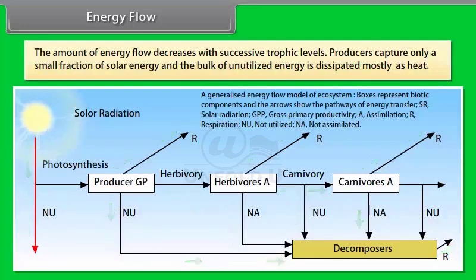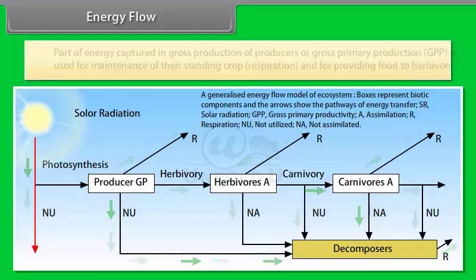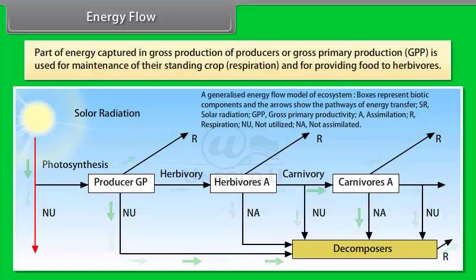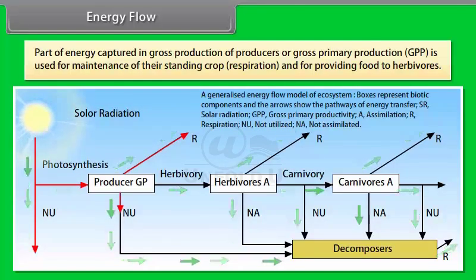Producers capture only a small fraction of solar energy, and the bulk of unutilized energy is dissipated mostly as heat. Part of energy captured in gross production of producers, or gross primary production (GPP), is used for maintenance of their standing crop, respiration, and for providing food to herbivores.